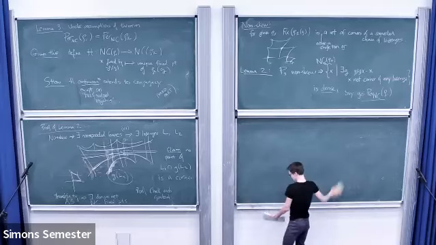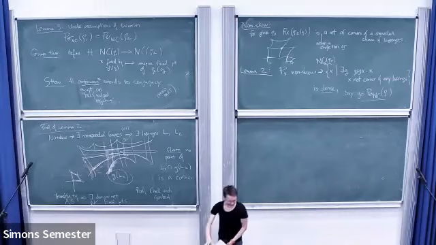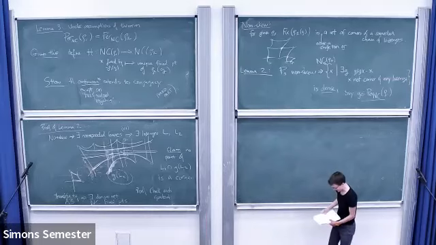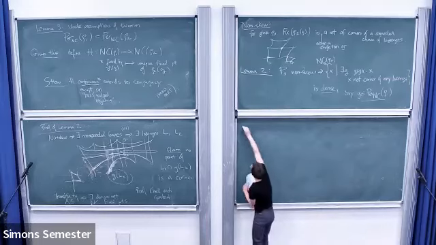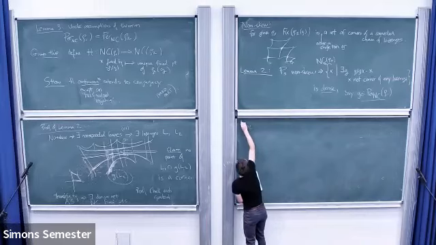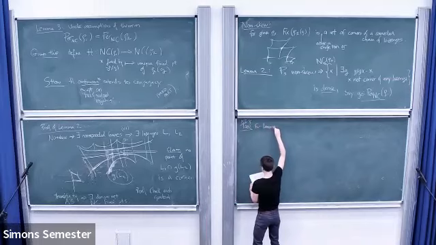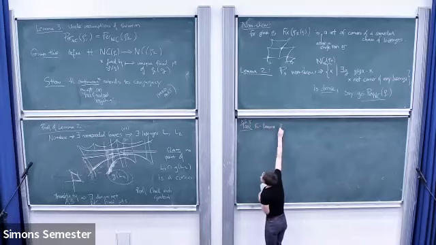And now I'm gonna give you the main ingredient, which is basically no more proof, but we'll see the essential phenomenon. So here is a tool, a tool for the lemma.